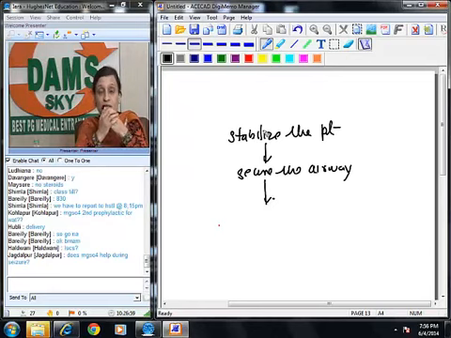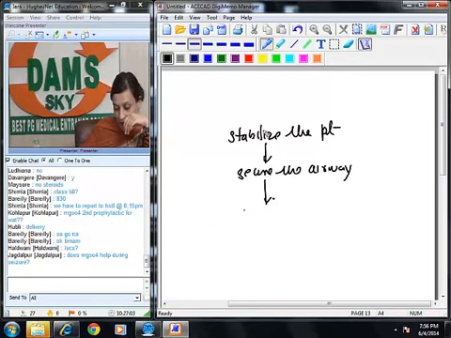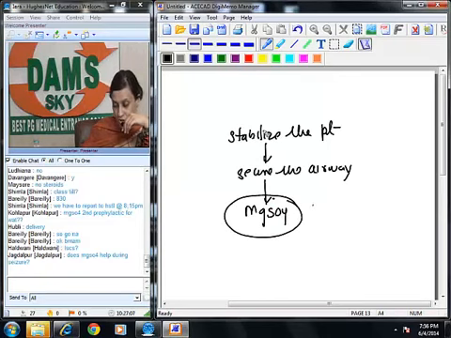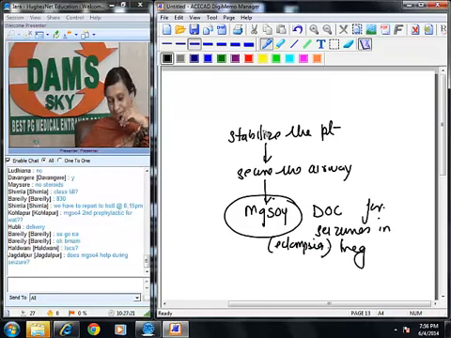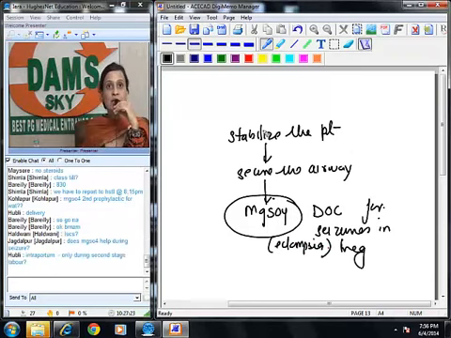Once you are done with the airway, the next step is giving magnesium sulfate. Magnesium sulfate is the drug of choice for seizures in pregnancy. For eclampsia, the drug of choice is not diazepam, it is not anything else. The answer is magnesium sulfate, right?